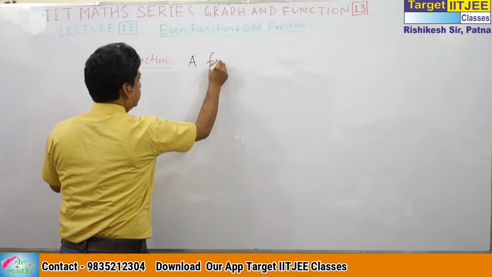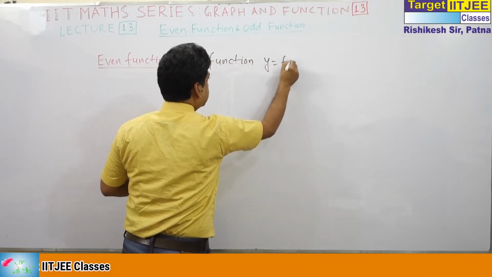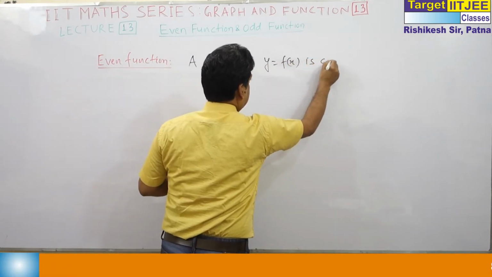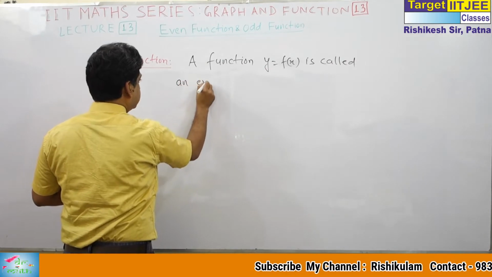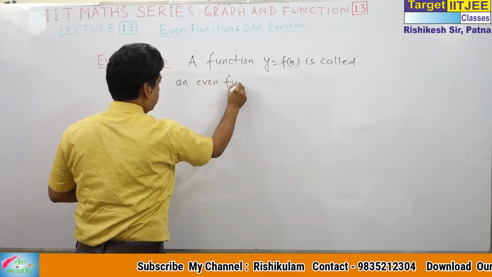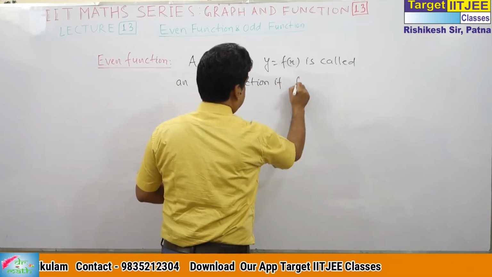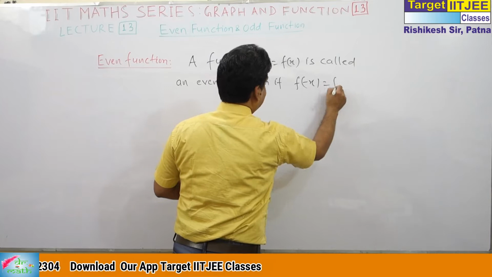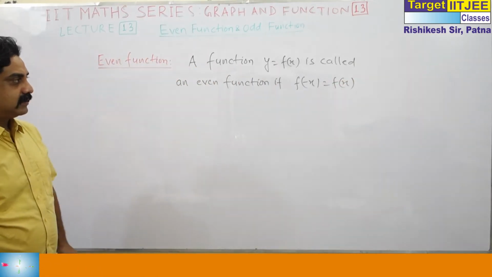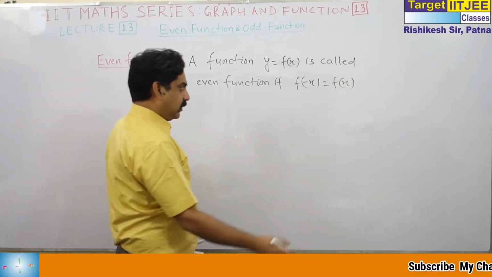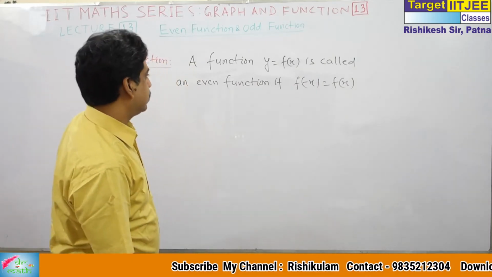A function y is equal to f(x) is called an even function if f(minus x) is equal to f(x), for all x belongs to R. You can write here for all x belongs to R or in the given domain, both will work.